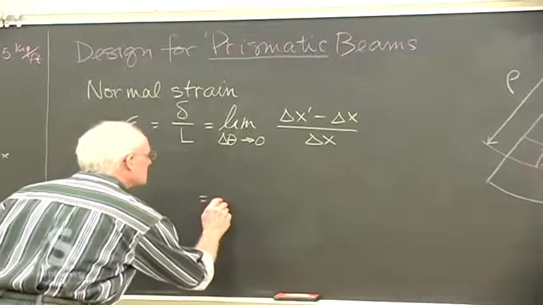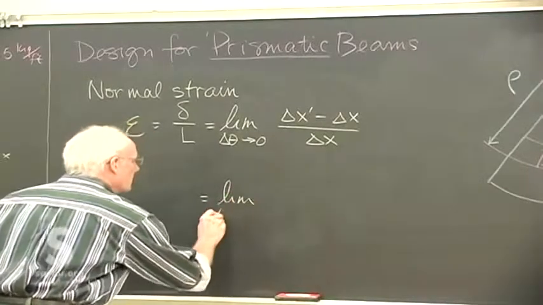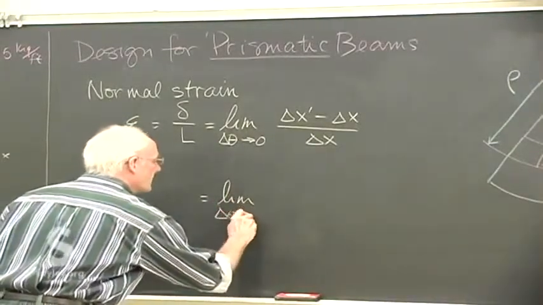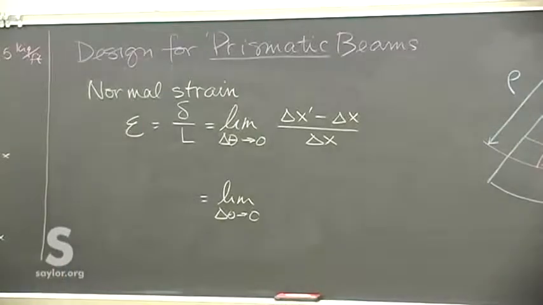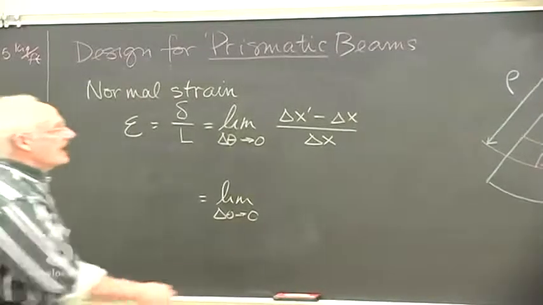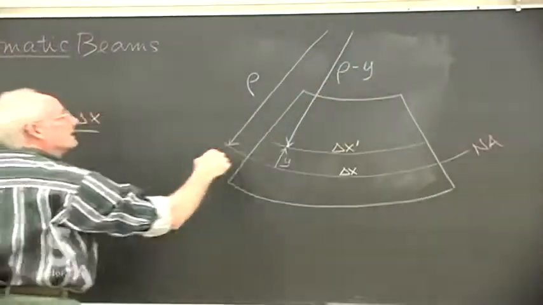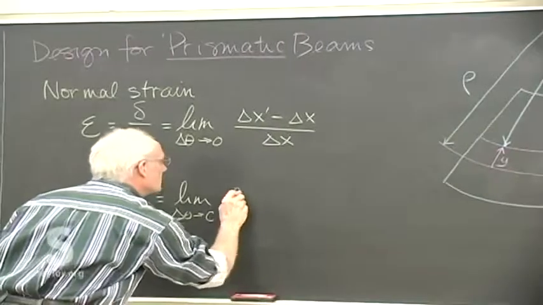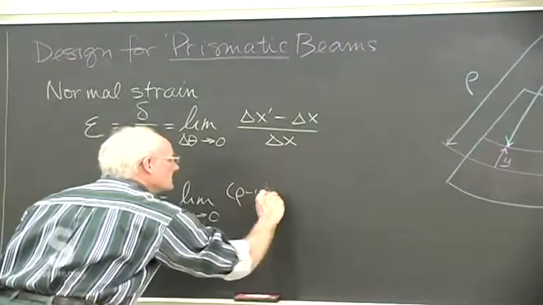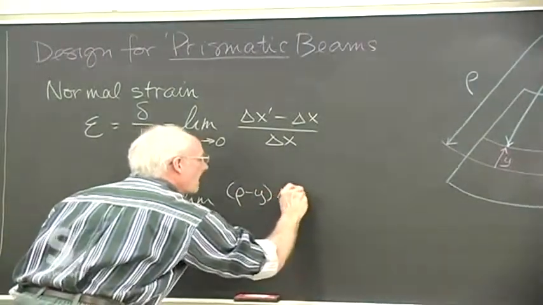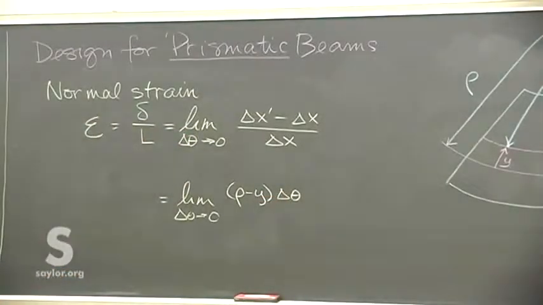All right, so let's see what happens with that. Delta x prime is the arc length, the radius times the angle. Agreed?